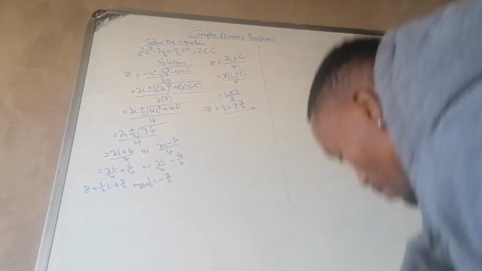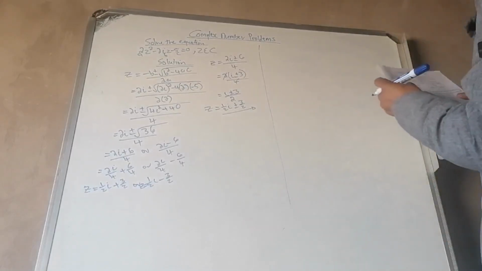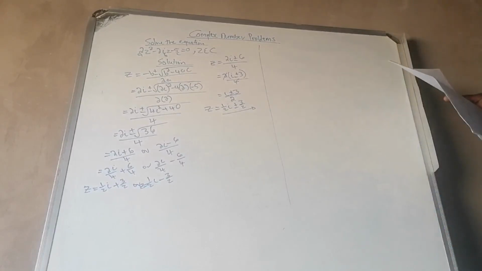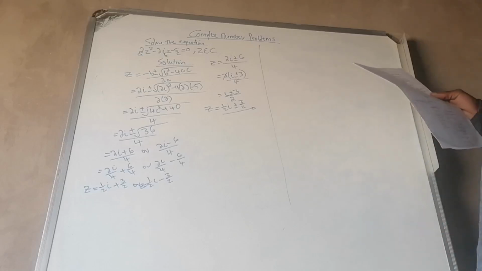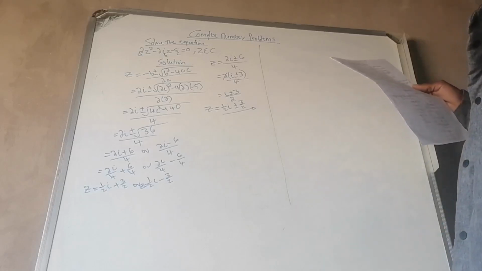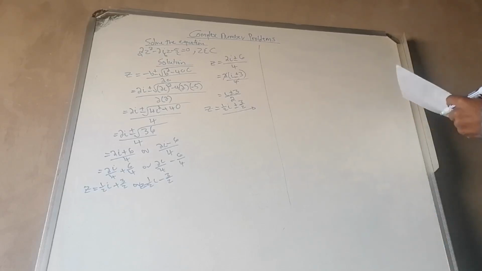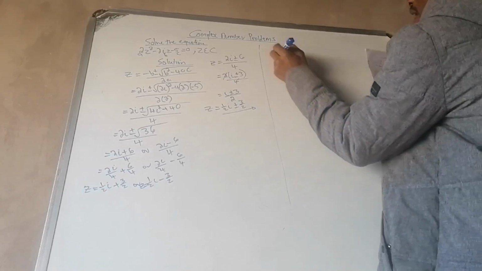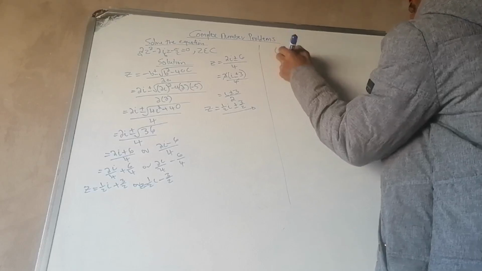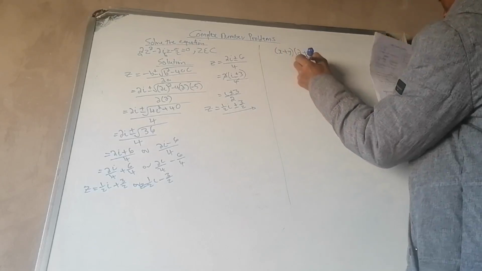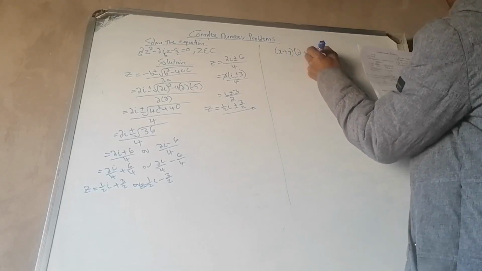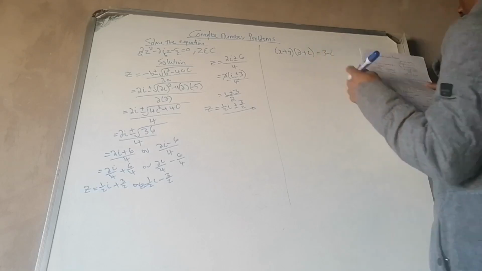Right. Now the second problem says find the value of x and the value of y in the following equation, given that x must be an element of a real number and y should be an element of a real number. We are given that (x plus y) into (2 plus i) equals 3 minus i.